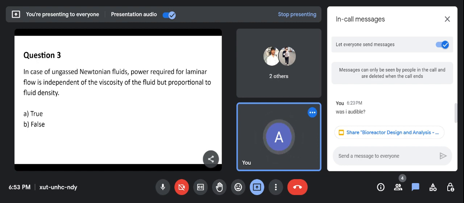In case of ungassed Newtonian fluid, the power required for laminar flow is independent of the viscosity of the fluid but proportional to the fluid density. This is again a true or false question.